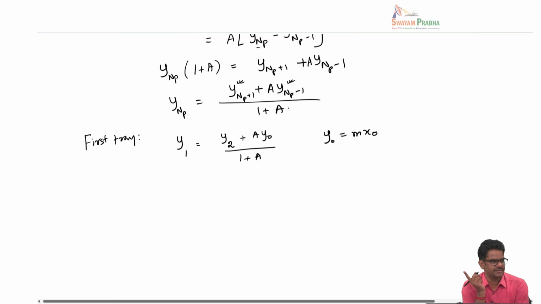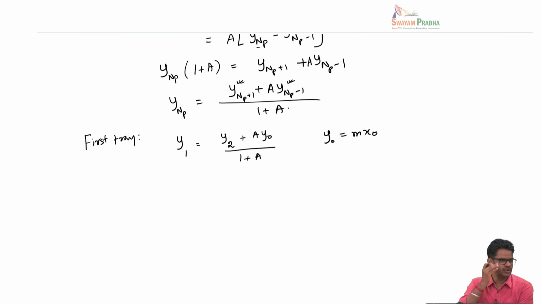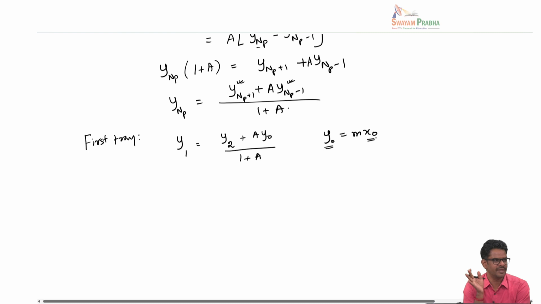X0 is defined. Okay, imagine there is a virtual tray, 0th tray, from which X0 and Y0 are actually at equilibrium. You can imagine Y0 is an equilibrium composition of a fictitious tray corresponding to the composition X0. But for now Y0 is nothing but M times X0. Okay, so that's what this means.